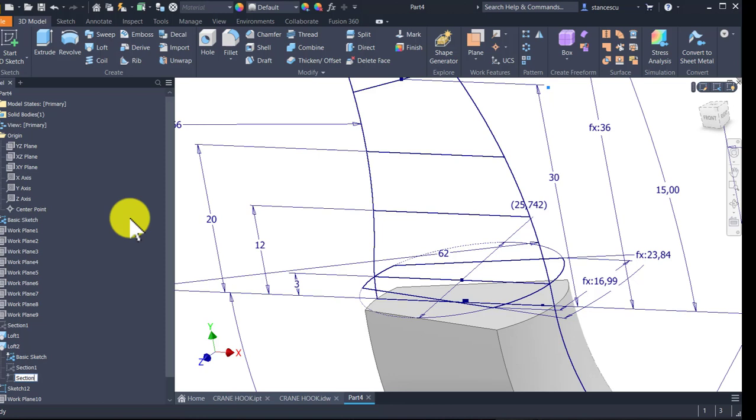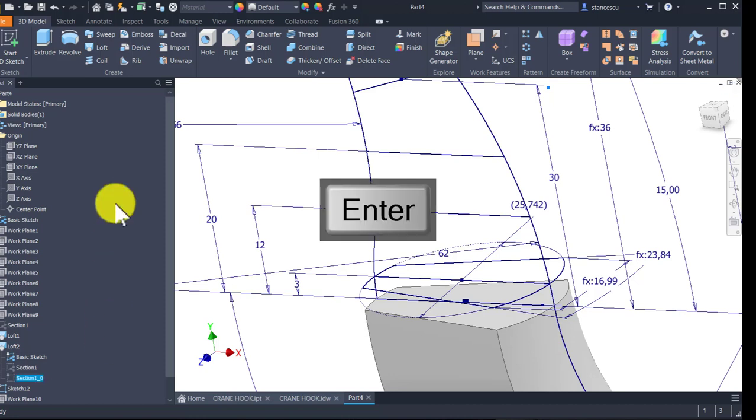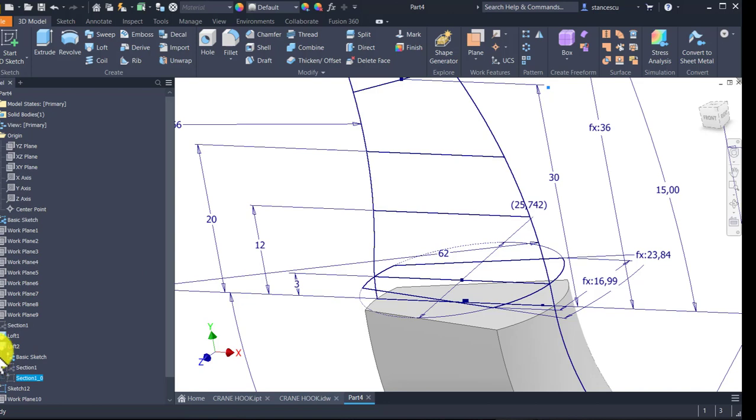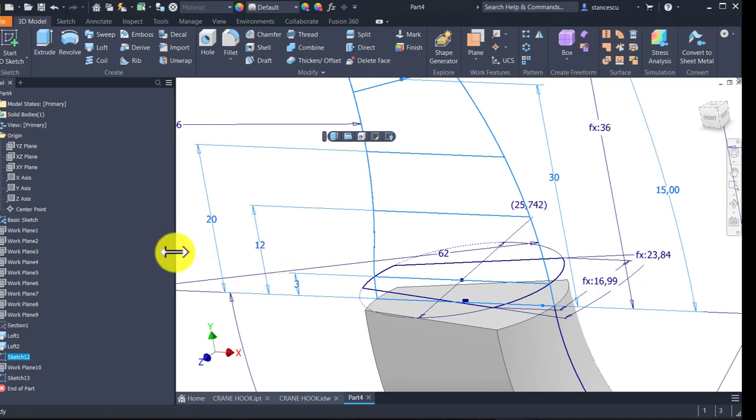Section 2.0 because was or 1.0, 1 underscore 0. You know what is this, yes? Is the sketch before, and this sketch is the segment 3.